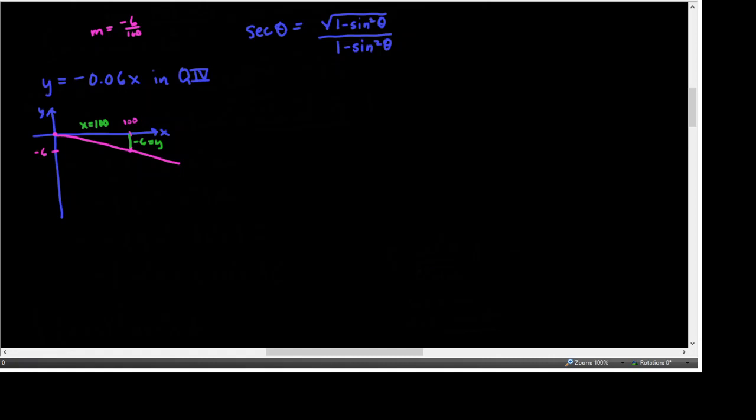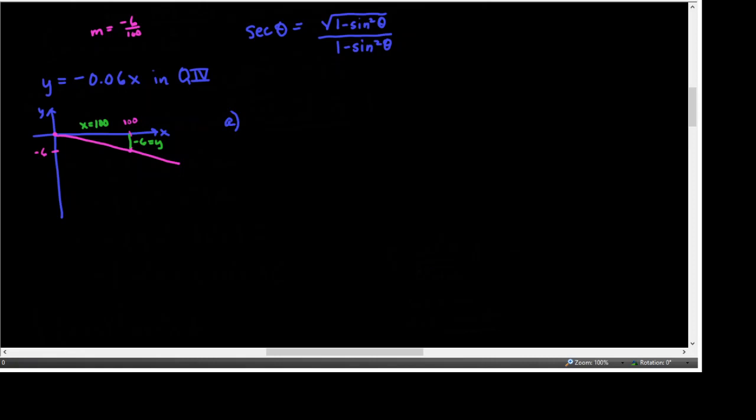All right, so we're supposed to find the grade of the road. So let's do that. The grade is that we're going down 6 feet for every 100 feet of traveling horizontally. And so that's actually an answer.